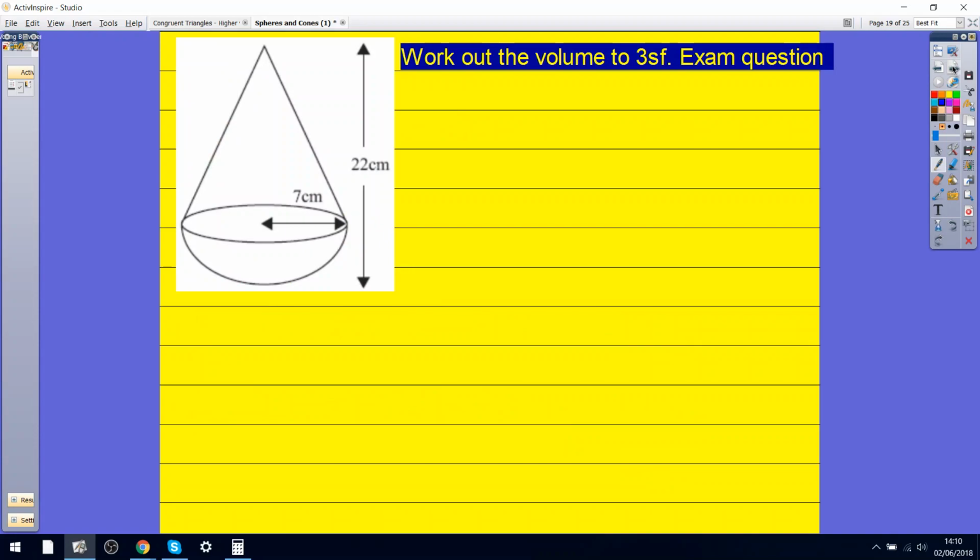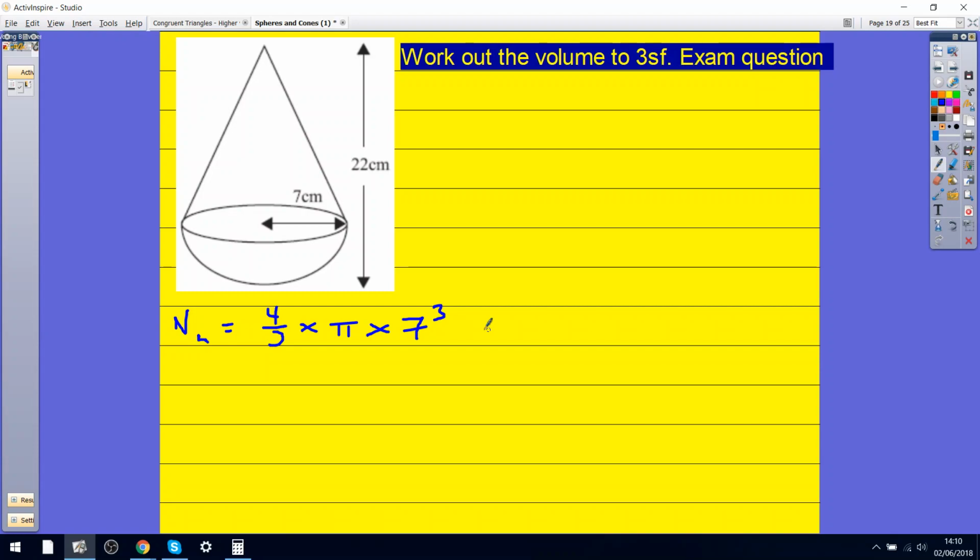That's wrong one. Okay, how do we do this? Exam question. So the height of the cone isn't 22.